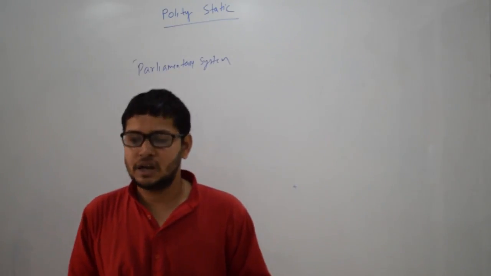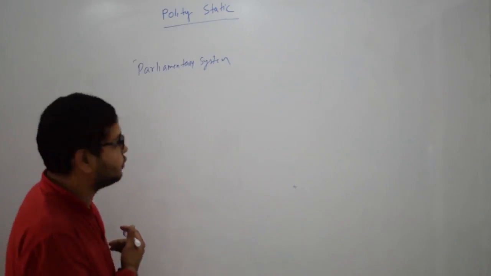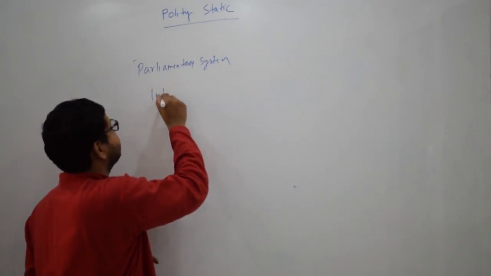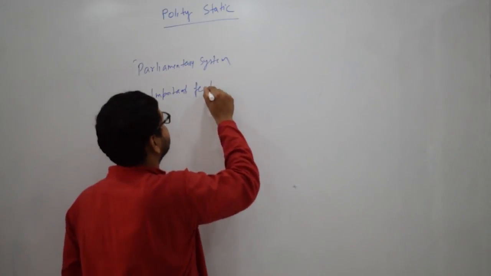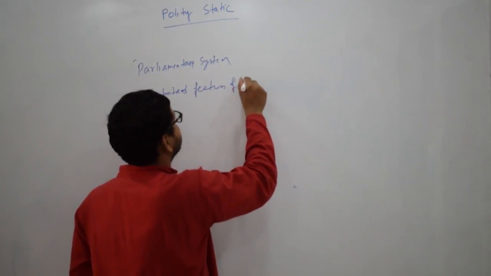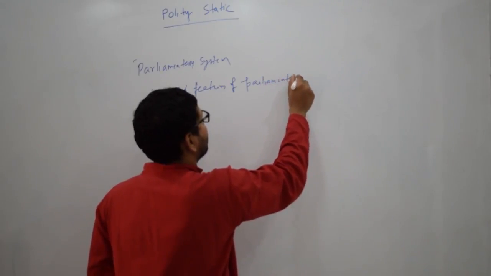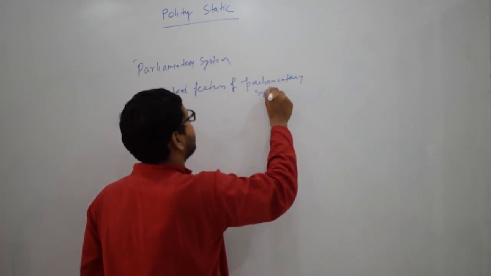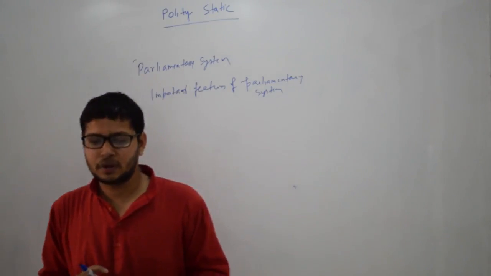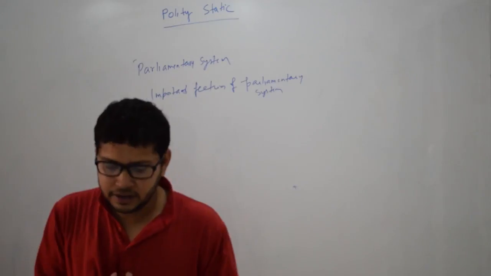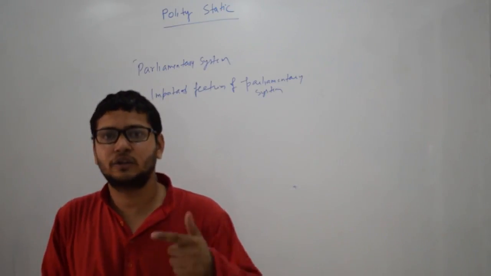mentioned in this chapter. So first of all, this chapter starts with what are the important features of the parliamentary system. There are 8 or 9 features of the parliamentary system, and generally UPSC asks on the features part.